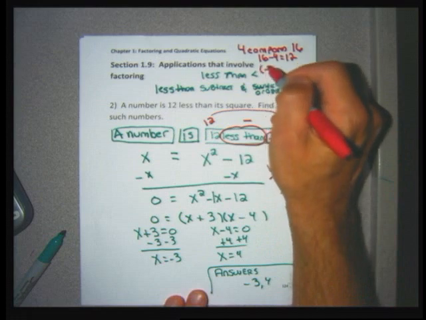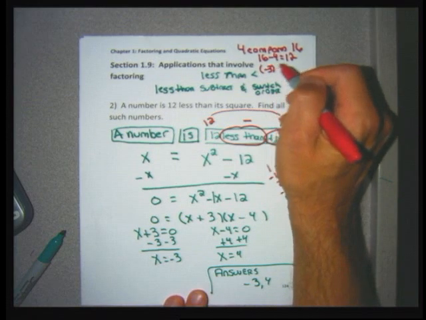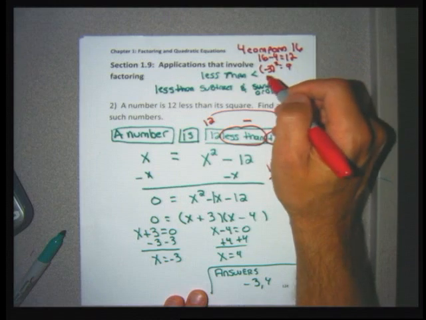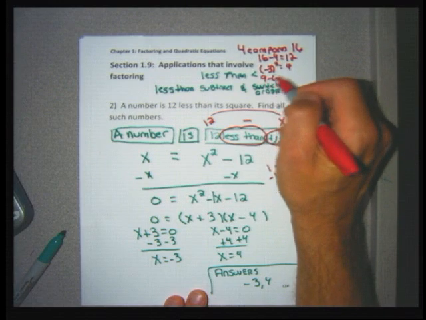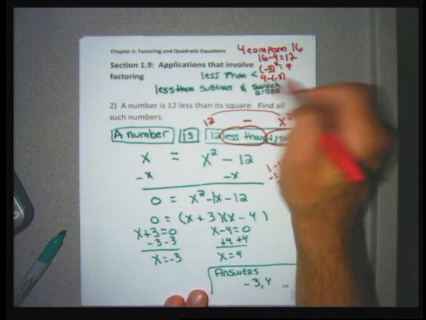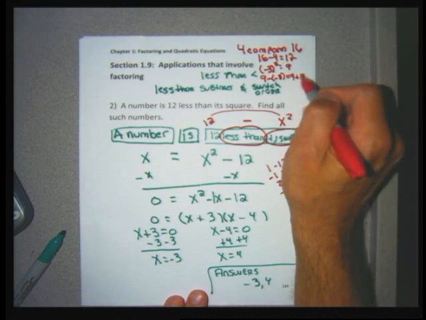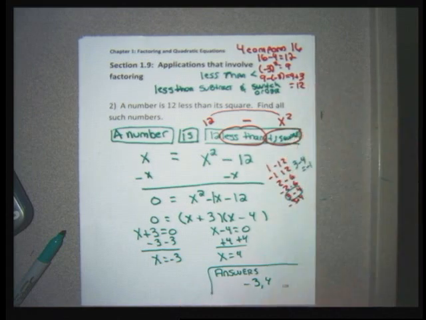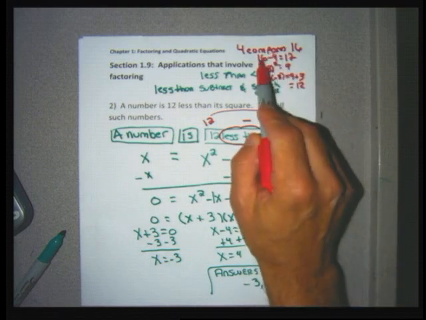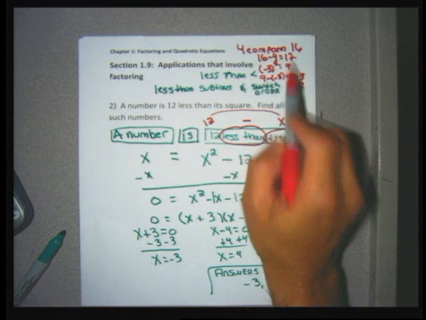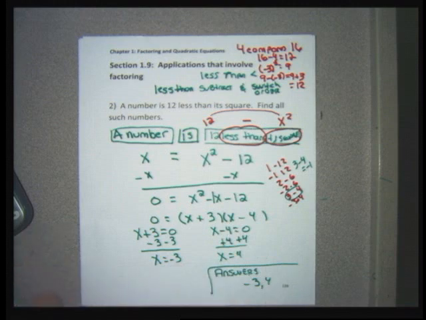Similarly, if I look at the number negative 3 and compare it to its square, the square of negative 3 is 9. And the difference between 9 and negative 3, that's the number, is also 12 less than its square. That's why these are correct answers, because if I compare the two numbers I found to their squares by subtracting the square minus the number, I get 12.